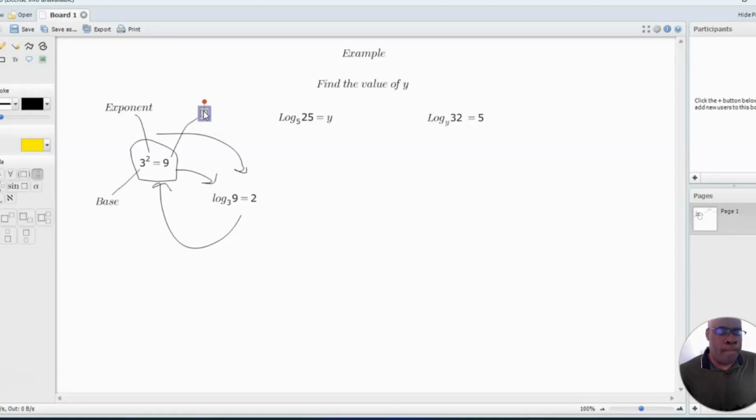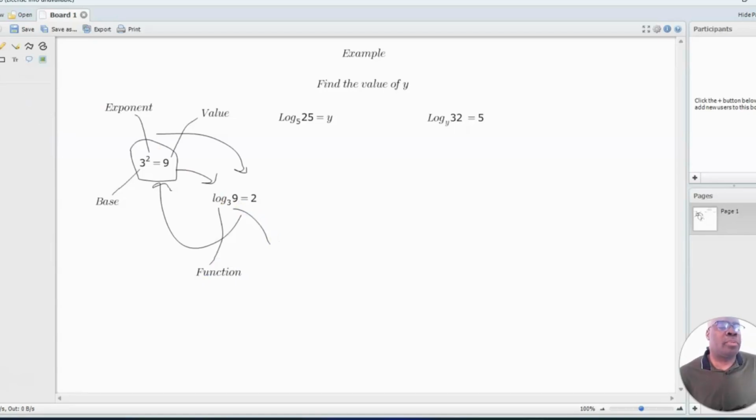Now, in terms of the logarithms, you have the function log, and then you have the base written right there, then the value right here, and then we have the exponent right there.